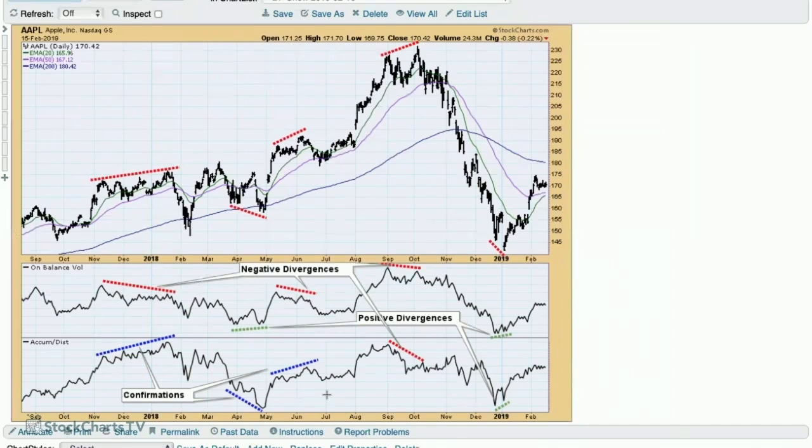But the accumulation distribution is calculated by the day's range, and if the price stays in the top half of that range, you add the day's volume to the index, and if it's below the midpoint, you subtract. It's different than the OBV, because you just simply, if the stock closes up, you add the volume, and if it closes down, you subtract the volume.